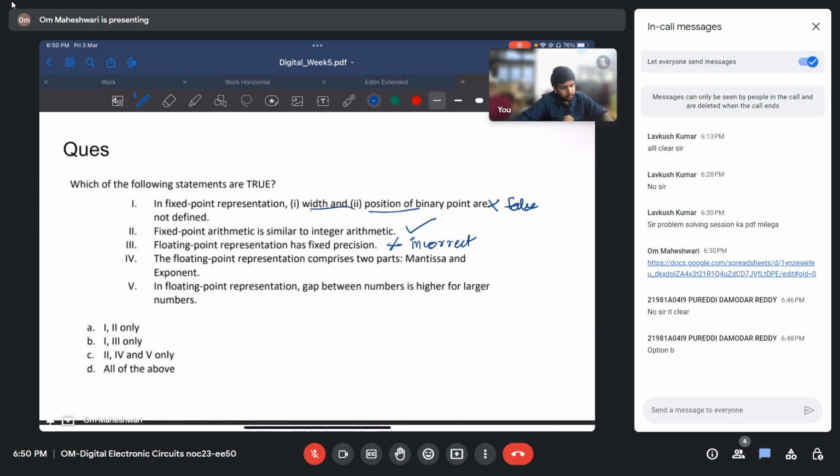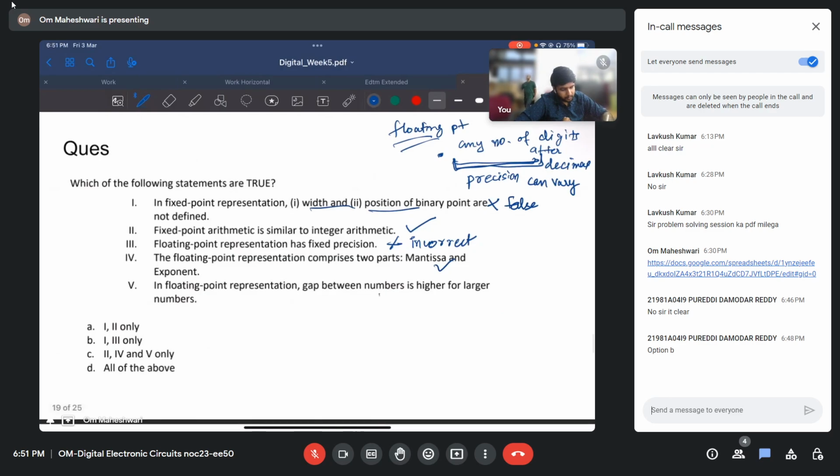Floating point means you can have any number of digits after the decimal. That's why it is floating, not fixed. That means the precision can vary depending on the number of digits after the decimal. So this is false. This is correct, and this is also correct.